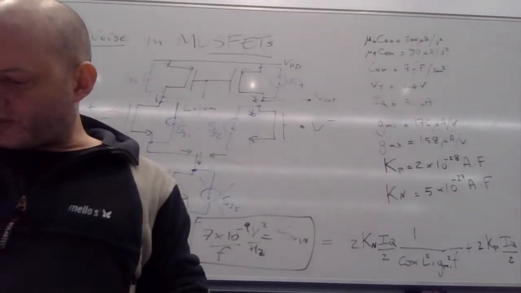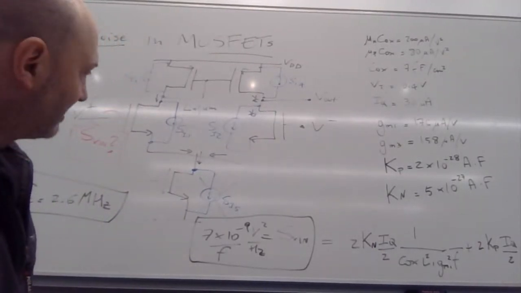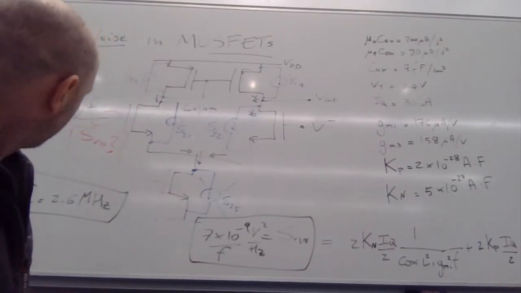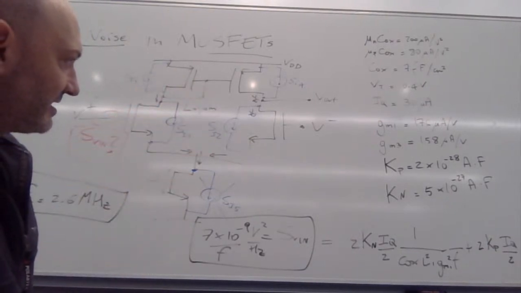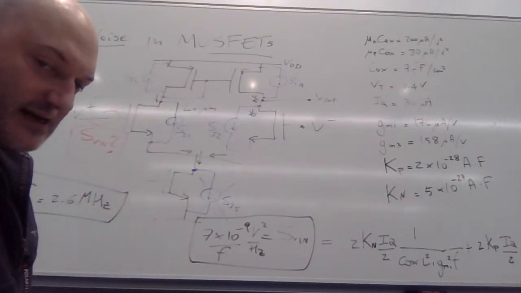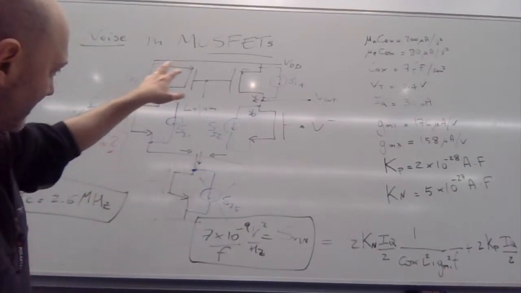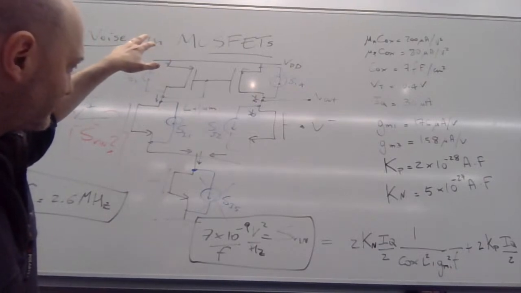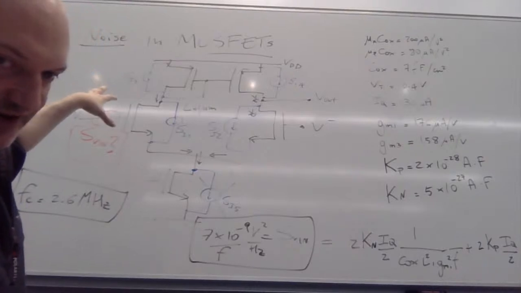In any case, we focused on noise just to see if you understood how to use these simple models, and you can actually go a fairly long way with these simple models. And if you ever have to do a design where you need to account for these things properly, I strongly suggest you not rely on SPICE, but do it by hand first.